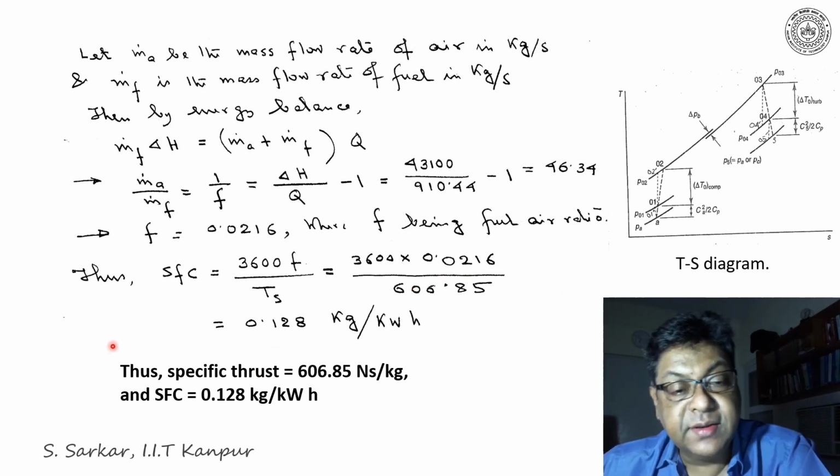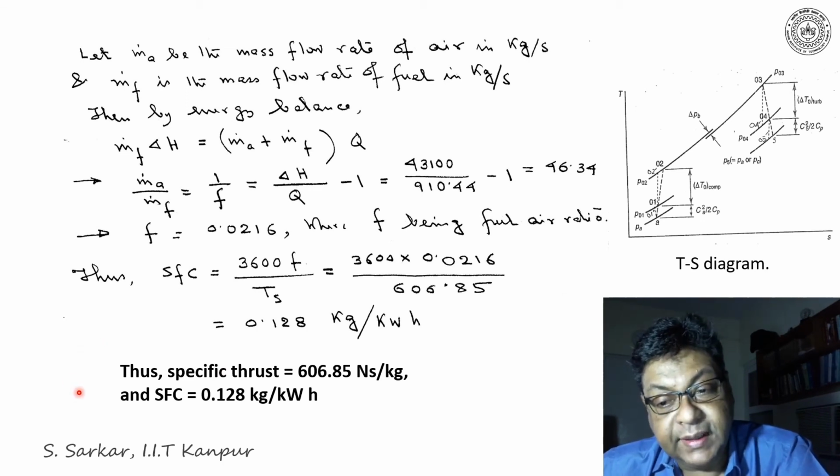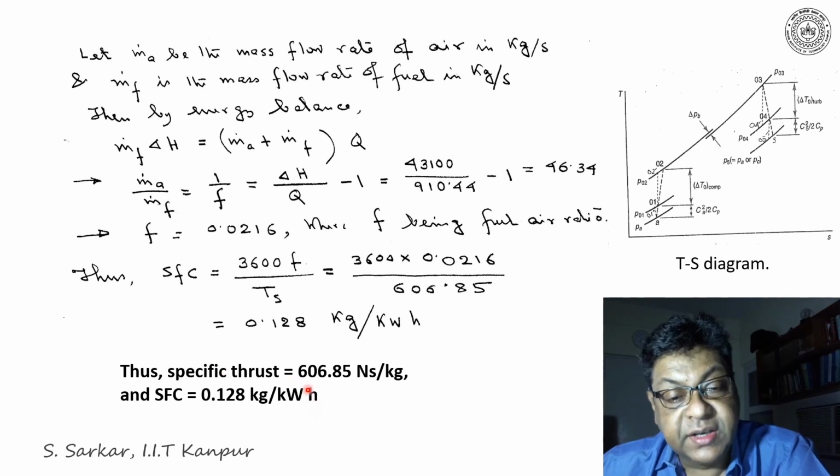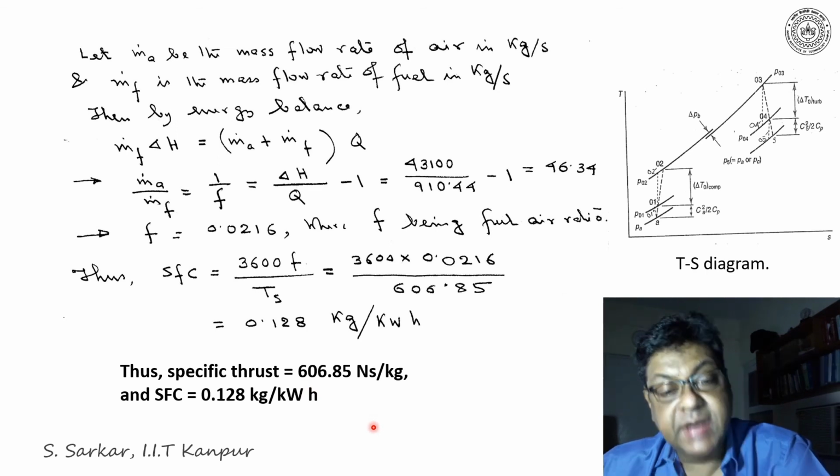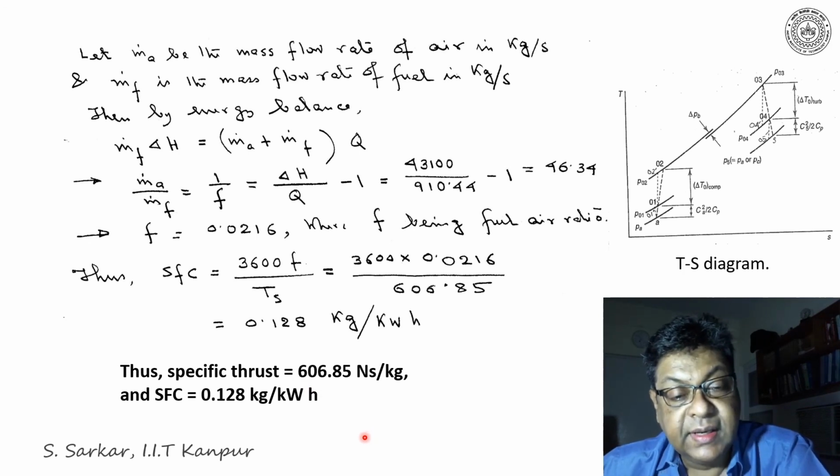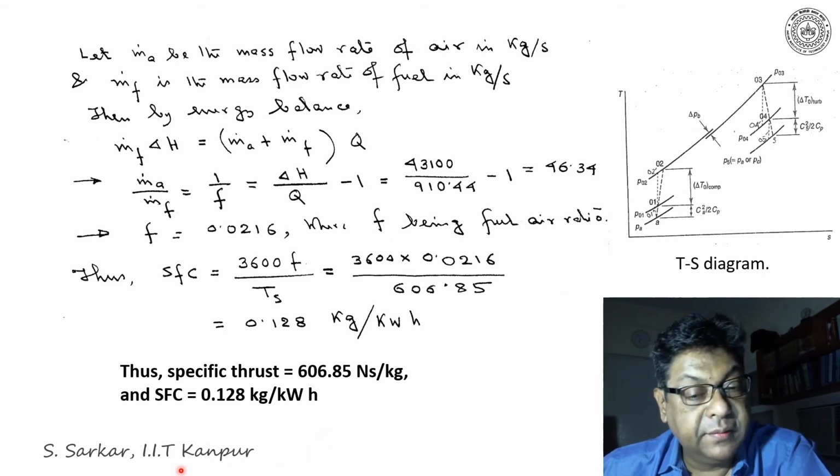Hence the answers are the specific thrust is 606.85 newton second per kg and specific fuel consumption of the turbojet engine is 0.128 kg per kilowatt per hour.